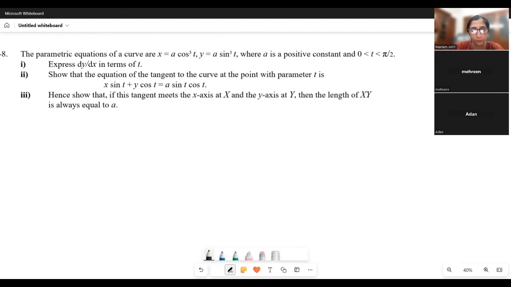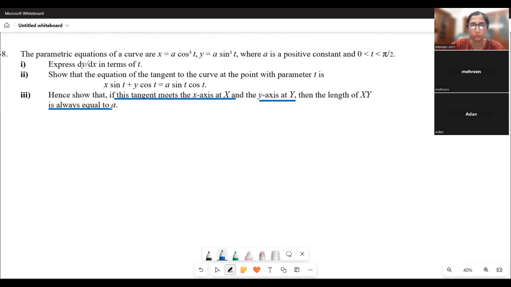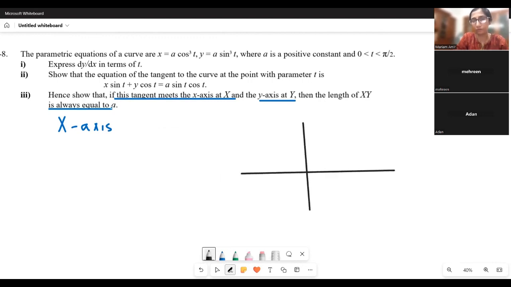Part 2 is done. Part 3 is, hence show that if this tangent meets the x-axis at x and the y-axis at y, then the length of xy is going to be equals to a. All right. So what do we know when a line crosses the x-axis?